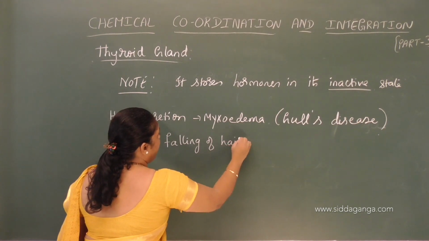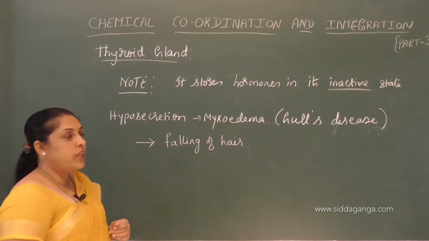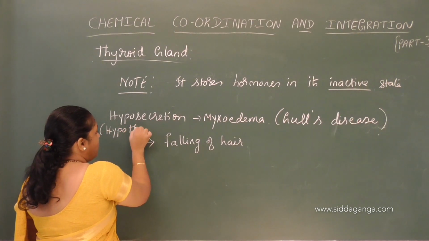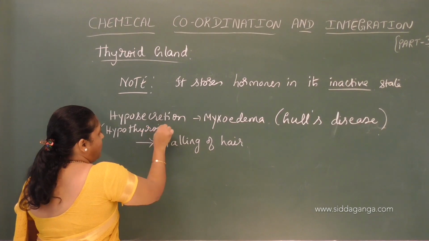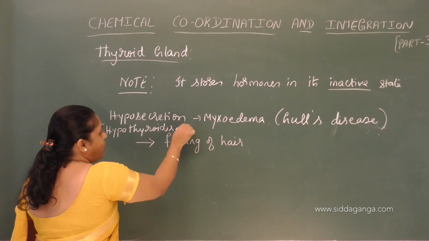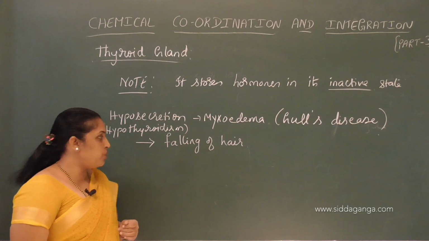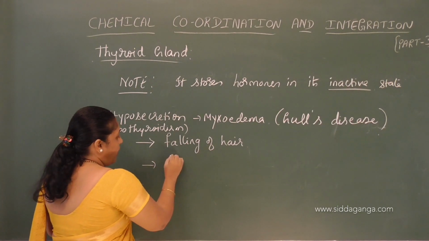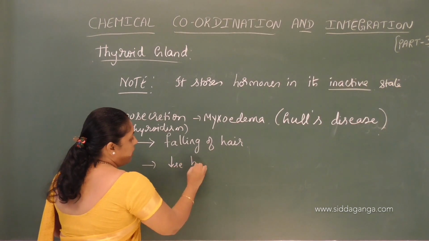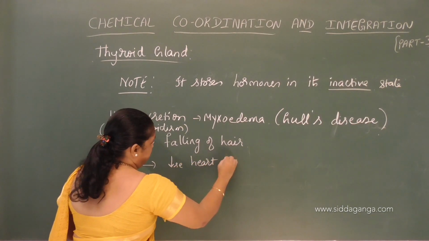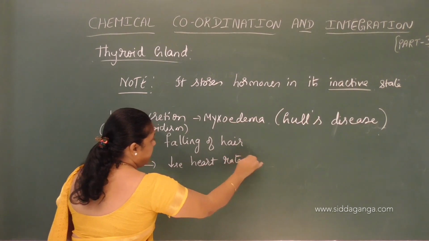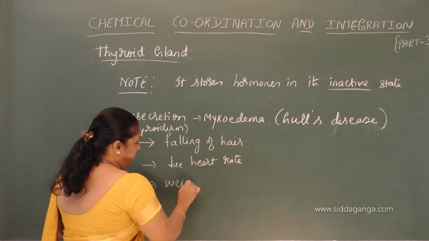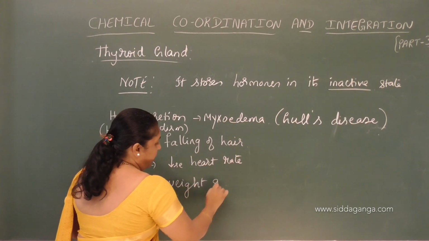Hyposecretion is nothing but hypothyroidism. Hypothyroidism is less secretion of thyroid hormones. So we see falling of hair, decreased heart rate, that is bradycardia, and weight gain occurs.